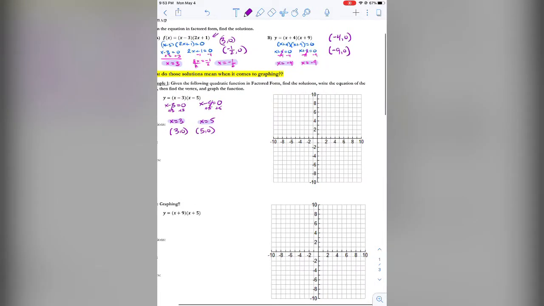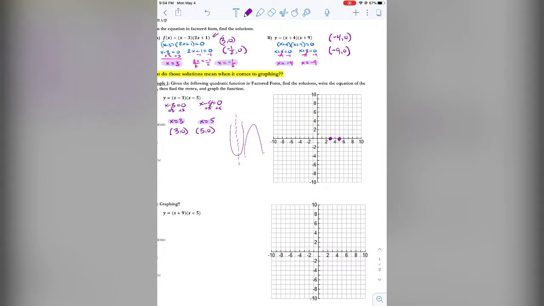So now let's come over to our graph. We already know that we have 2 points, (3, 0) and (5, 0). Now, I want you to remember that our quadratic either looks like this or like this. And the axis of symmetry is always directly in the middle of the graph.